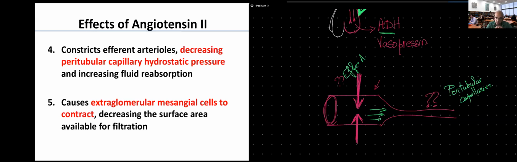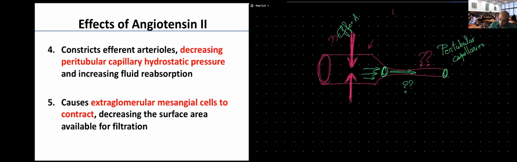Right, if I'm constricting the efferent arteriole, less blood is going to be traveling to my peritubular capillaries. It's the continuation of the efferent arteriole. So if I have less blood traveling here, what does this mean in terms of the peritubular capillary pressure? Remember, if I have more blood, it's going to create higher pressure. If I have less blood, what happens to the pressure? Lower pressure.